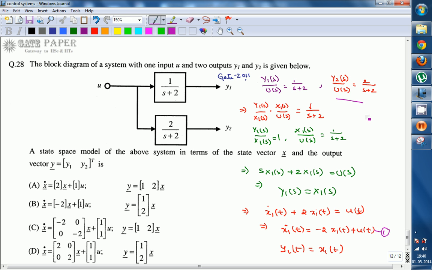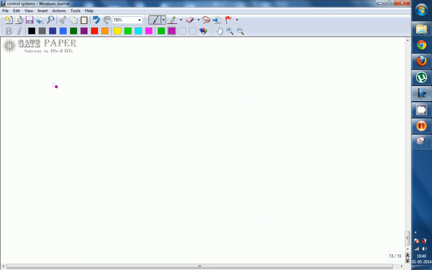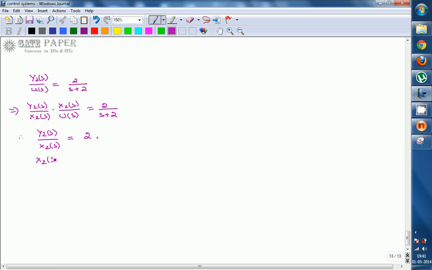So I am writing this as y2 of s divided by the second state variable x2 of s into x2 of s divided by u of s equals 2 by s plus 2, and here considering that y2 of s divided by x2 of s equals 2, and x2 of s divided by u of s equals 1 by s plus 2.